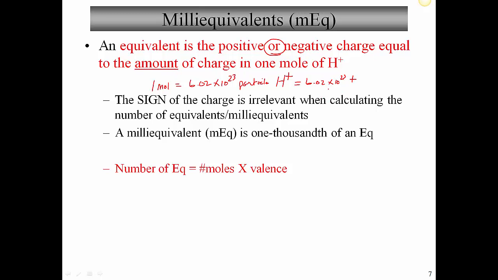Now, what we say is that anything that has exactly this number of charges is equivalent, or is an equivalent, of that. One of the other points I want to make here is that the sign of the charge is irrelevant. In other words, if I had 1 mole of chloride, even though chloride is a negatively charged ion, I would still have 6.02 times 10 to the 23rd negative charges in that mole, but we're really only concerned with the number, not the sign.